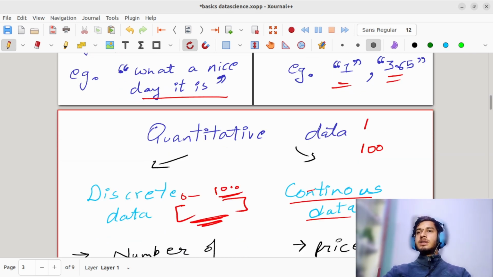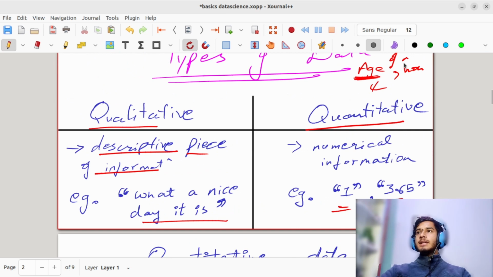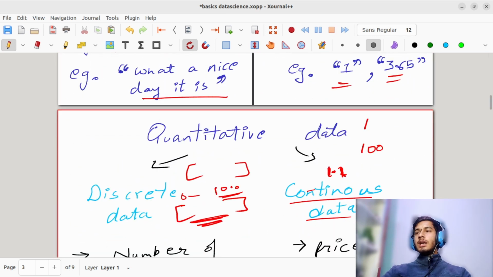It lies between a certain range, and you cannot have an age like 1.1, that doesn't make sense normally. But if you talk about the price of a house, you can say 7.1k or 7.11k. This is continuous data, you basically don't have any range, so this falls in the category of continuous data.